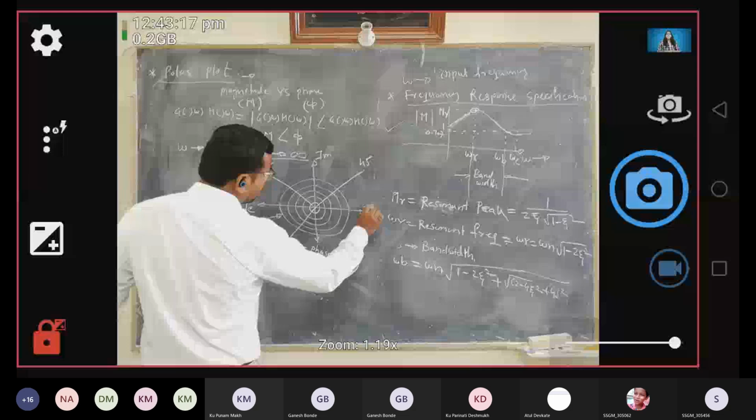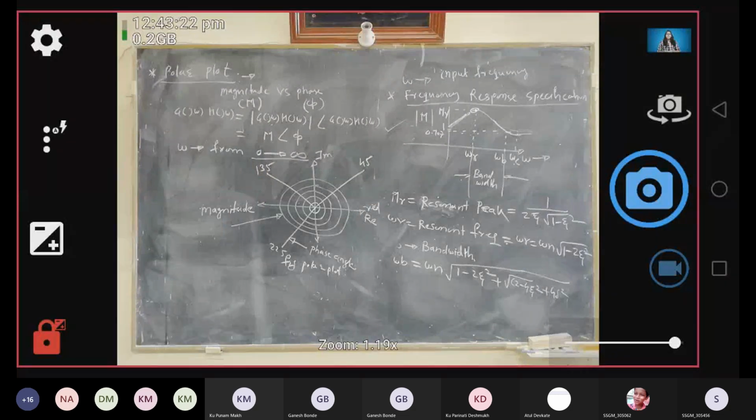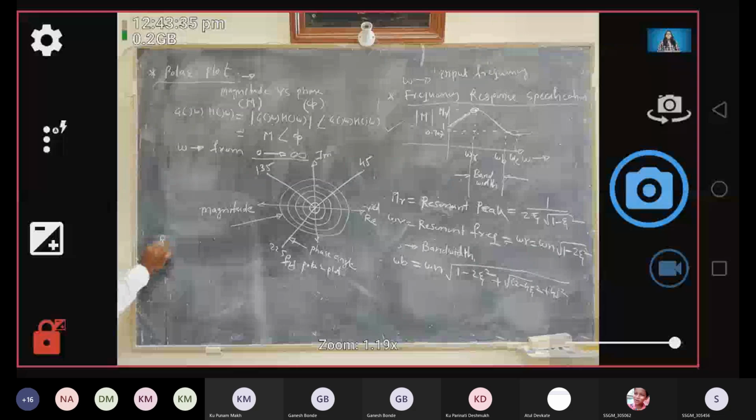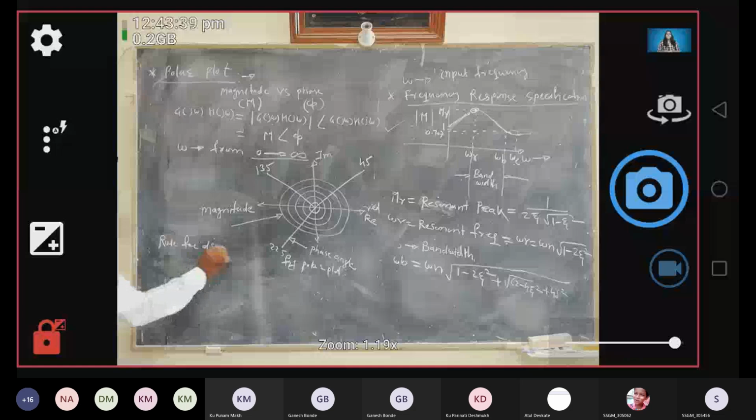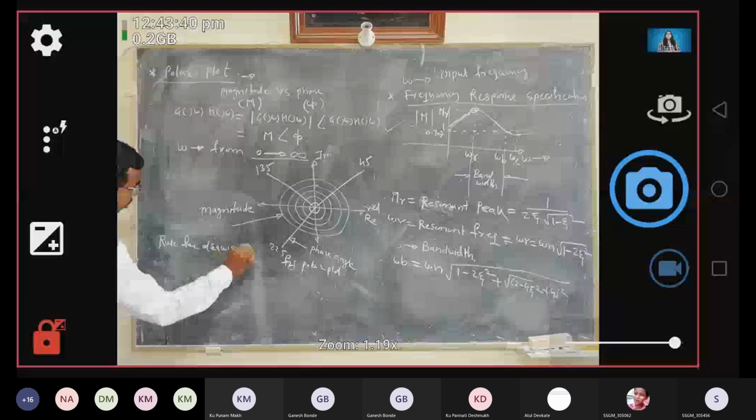This is the simple sketch of a polar plot. Then what are the rules for drawing the polar plot?